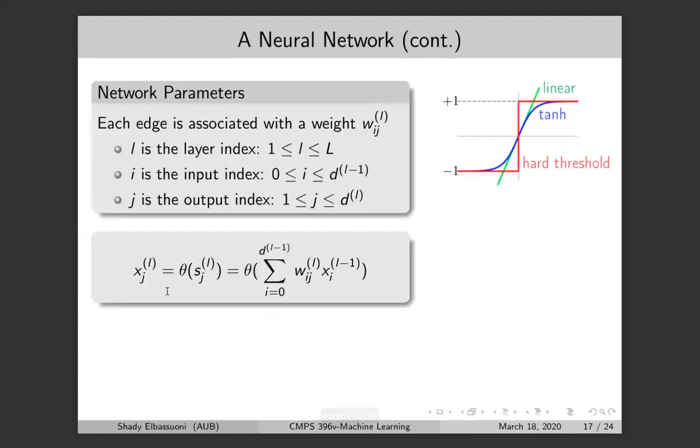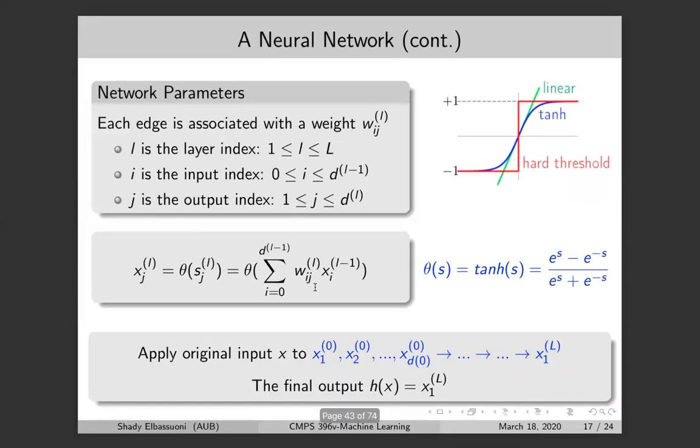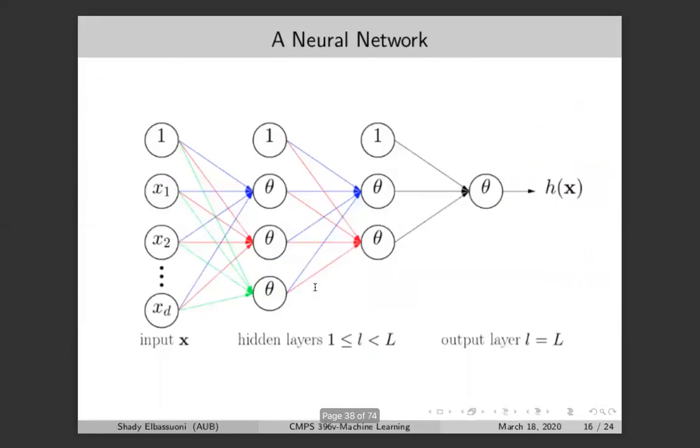So xj of L is equal to theta of sj of L, which is basically the summation of the weight times the input from the previous layer. I apply the original input, so I assume the original input here is layer 0.